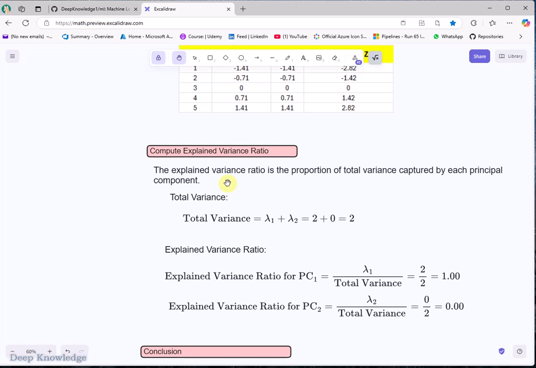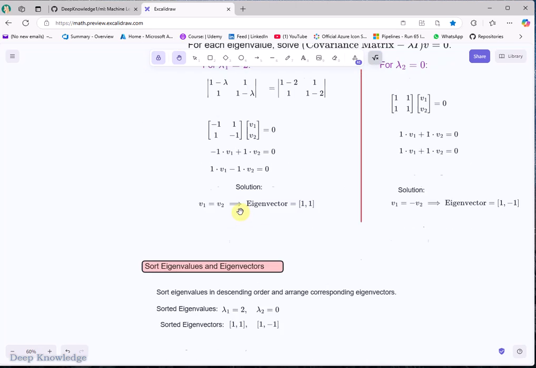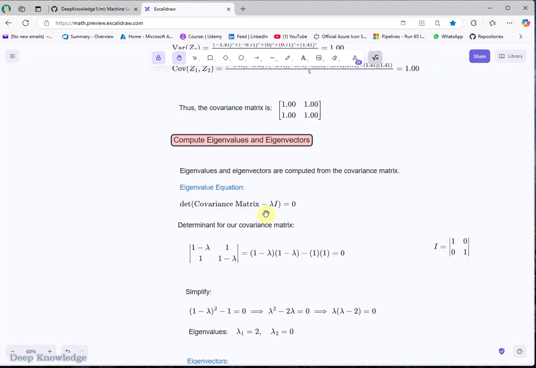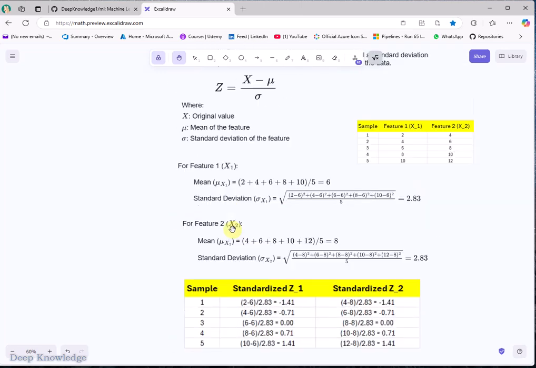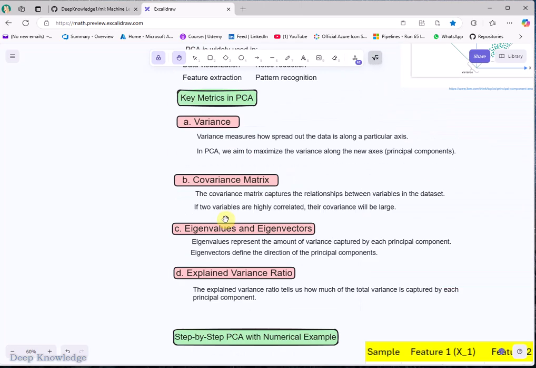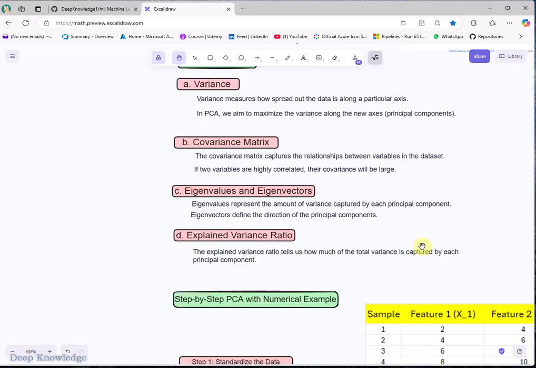Now, the total variance, as we mentioned in the beginning, is given by the eigenvalues. The eigenvalue represents the amount of variance captured by the principal component.